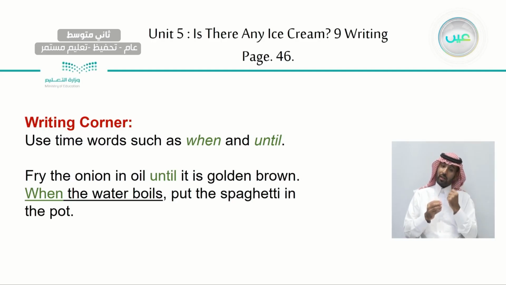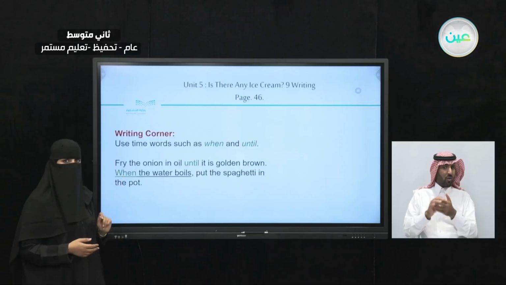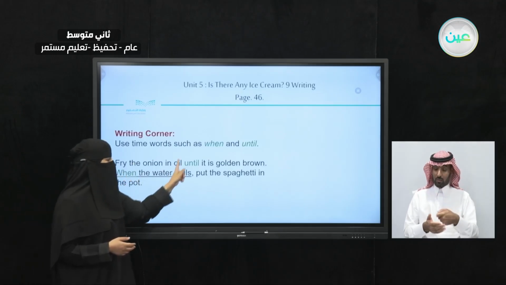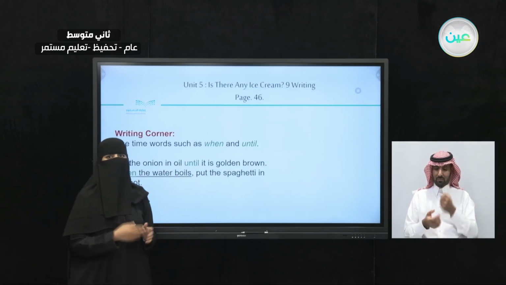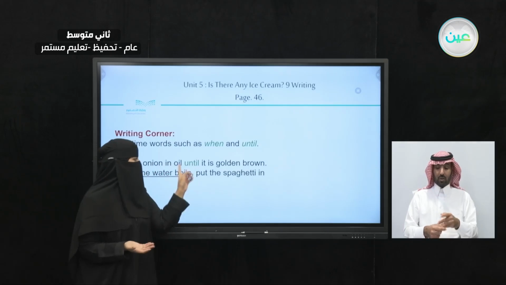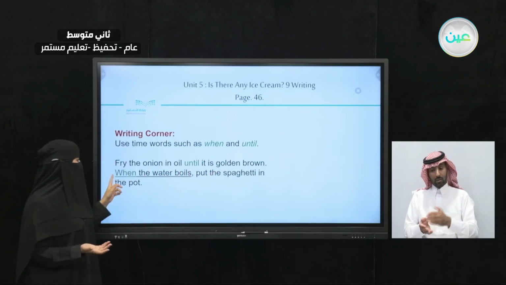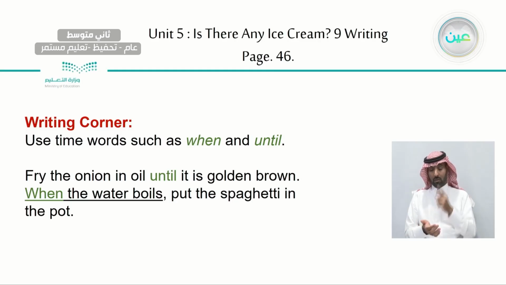Here we don't have first or next at the beginning of the sentence. Fry the onion in oil until it's golden brown. Now I can go to the next step. What is the next step? You can complete your recipe, and then you can do the next step.